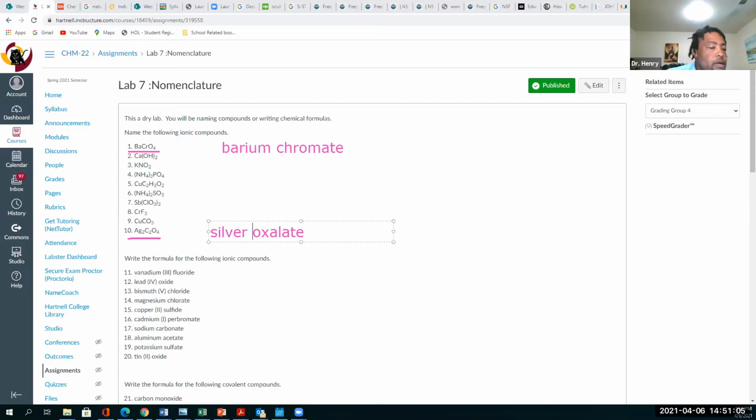Silver what? Would it be silver 1 oxalate? It would be silver 1. Silver is a transition metal, but 99% of all silver is going to be silver 1, unless they tell us it's something else. It takes a lot to make it something else, like silver 2 or silver 3 or silver 4. It does happen, and we've done it before in the lab. So silver is one of those exceptions where you can get away with just saying silver oxalate.